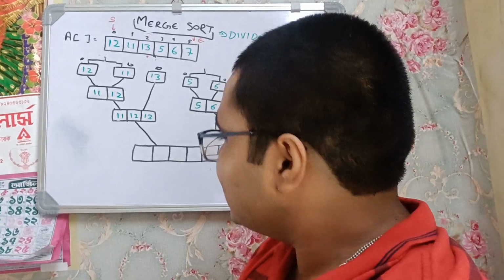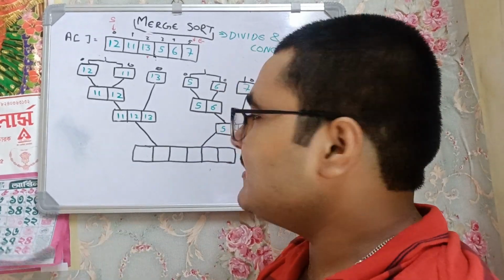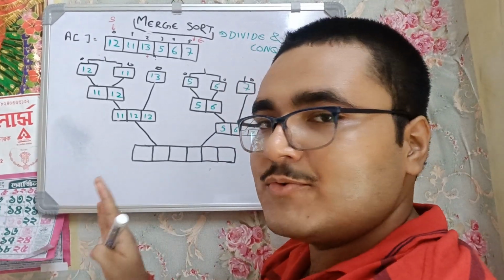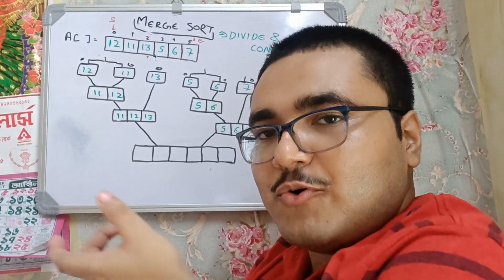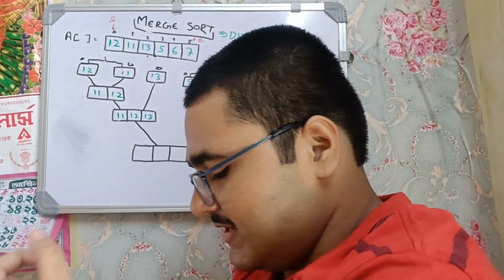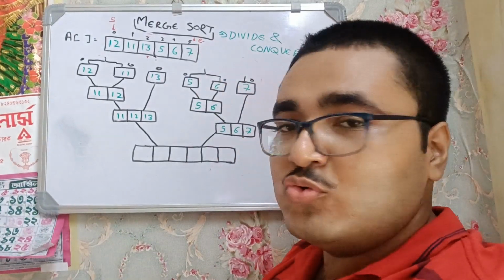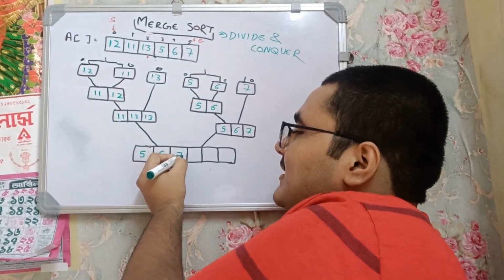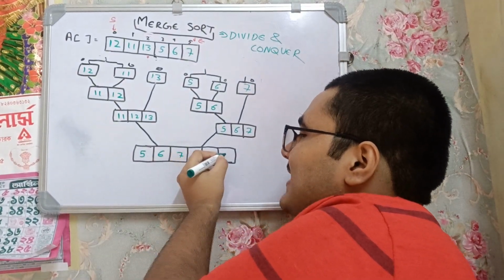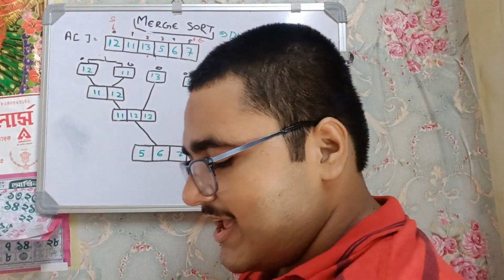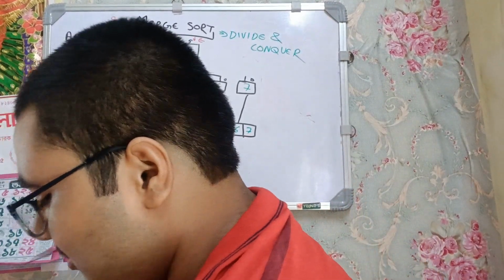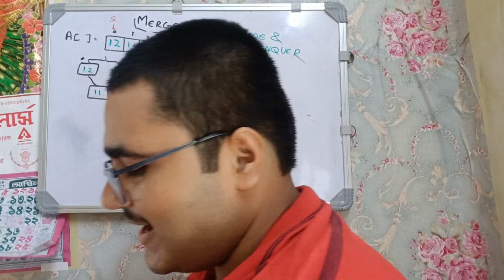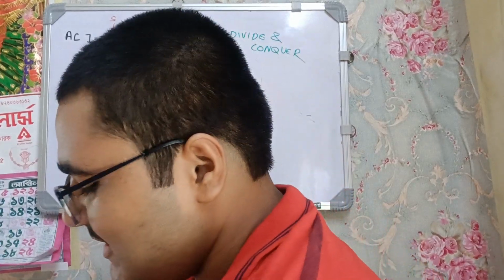If an element is greater than another element, it should be merged in such a way that the smaller element comes before the greater element, right? So how to do that? Till now, we have just seen that we are merging the array. First we are dividing, and then this step, because this is a merge sort, we will call merging.